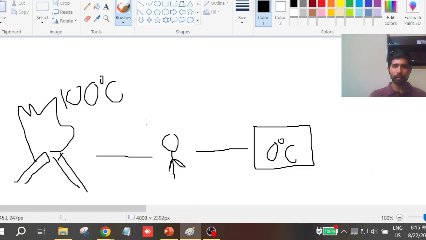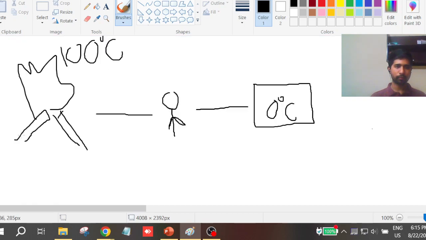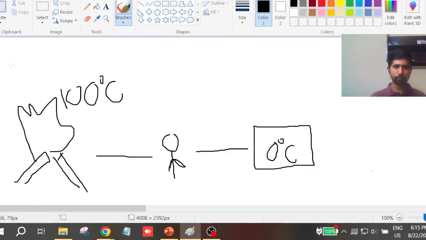Room temperature in the initial time, but after some time... Initially, if there is fire and a block of ice, and you are standing in between at t equal to 0, maybe you might experience room temperature only.